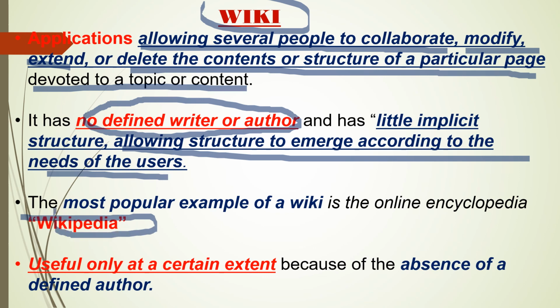So it is useful only to a certain extent because of the absence of a defined author. So since we do not know who the author is, we cannot assure ourselves that the information provided is valid. We also cannot know whether the author who provided that information is well-known or not.